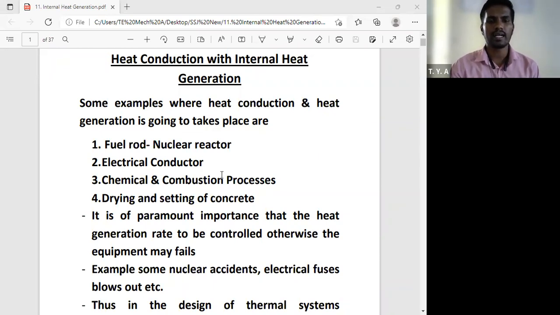Second, electrical conductor. Third, chemical and combustion processes. And last one, drying and setting of concrete.